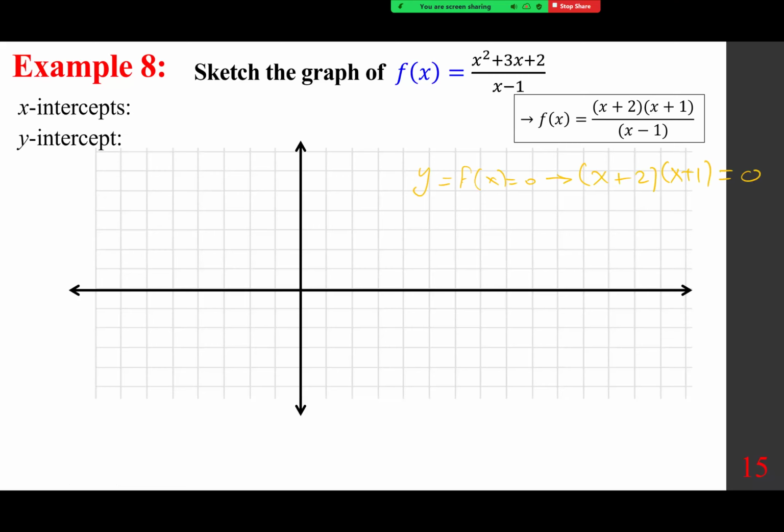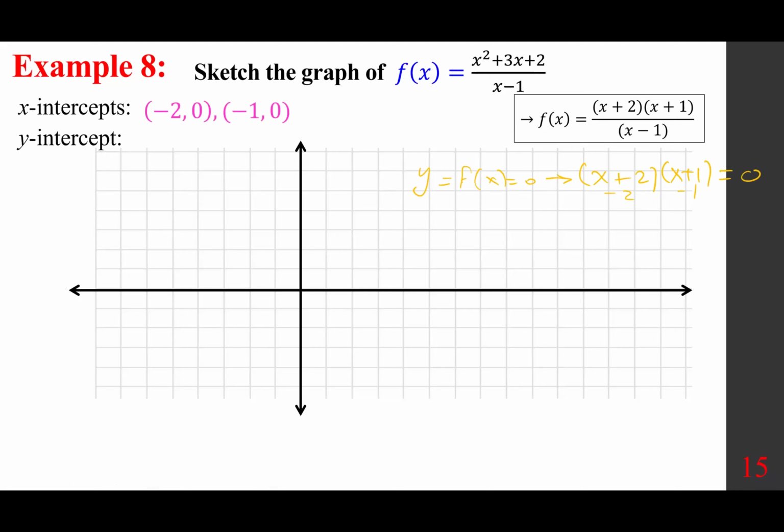The numerator is 0. And that creates negative 2 comma 0, negative 1 comma 0. This one gives you negative 2, this one gives you negative 1, and therefore those are the answers. And by the way, if the denominator is 0, the function is undefined or it gives rise to asymptotes.